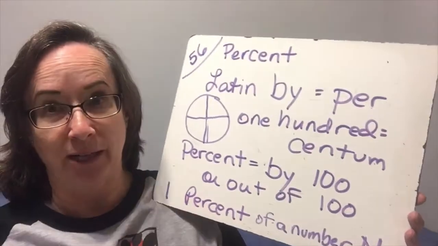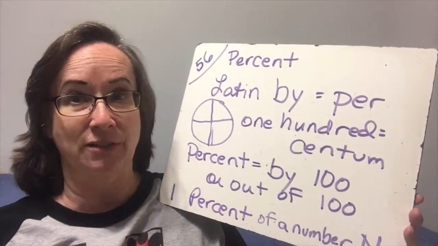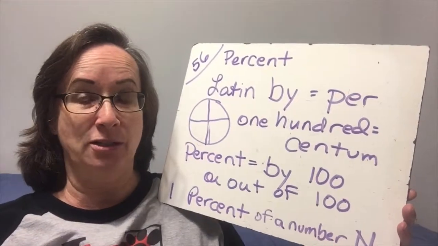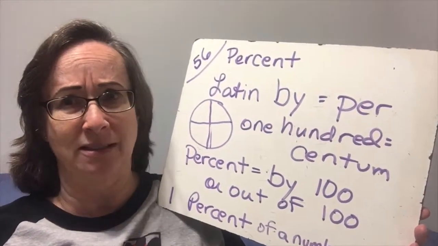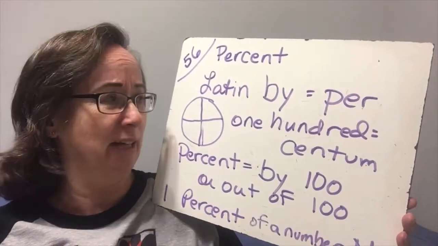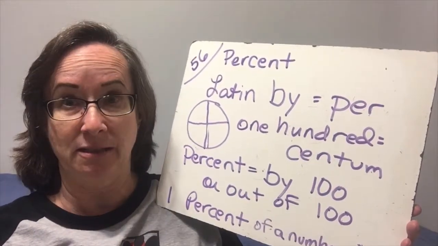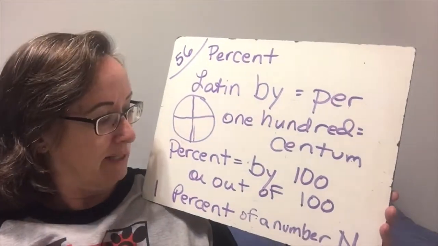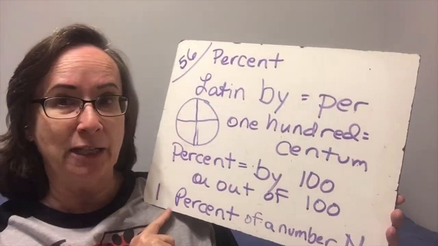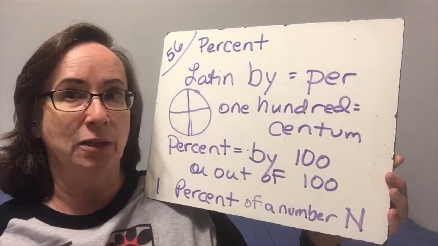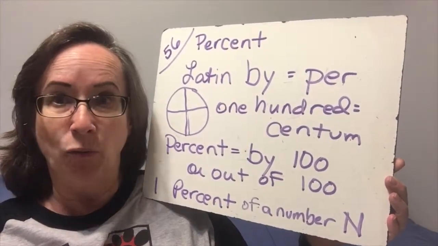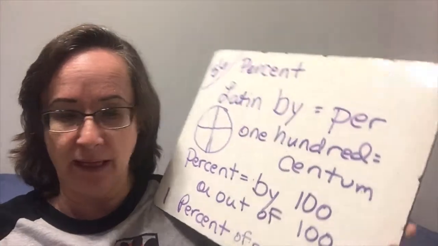I'm not going to try to do that, because I have a hard enough time cutting a pizza into 8 pieces, and even 16 pieces is really hard. Can you imagine cutting it into 100 pieces? Wow. All right, so if I'm looking for 1% of a number, I'm looking for 1/100th of the number. So let's practice with this a little bit.